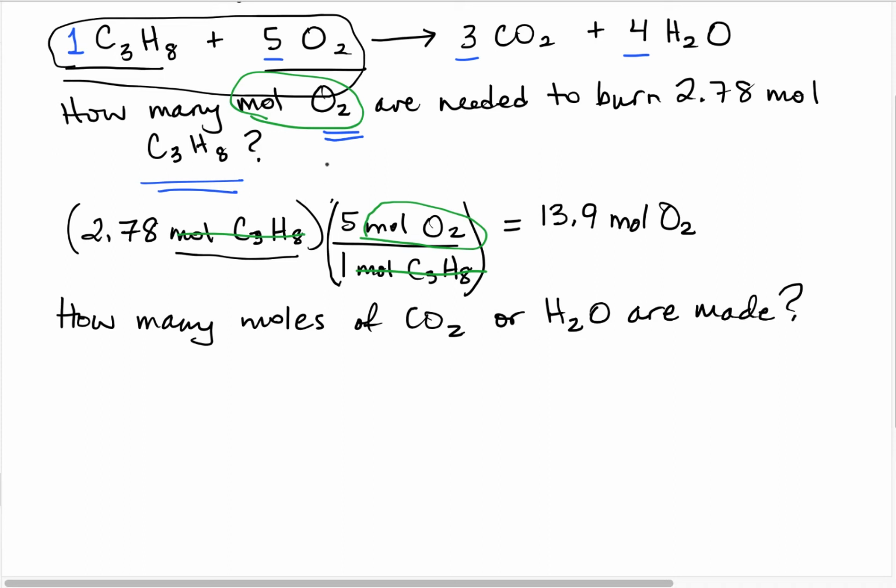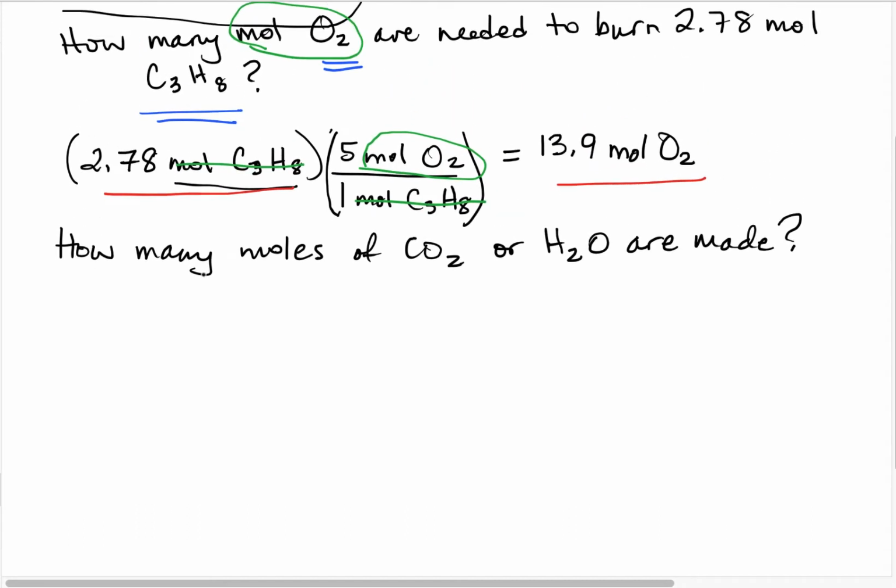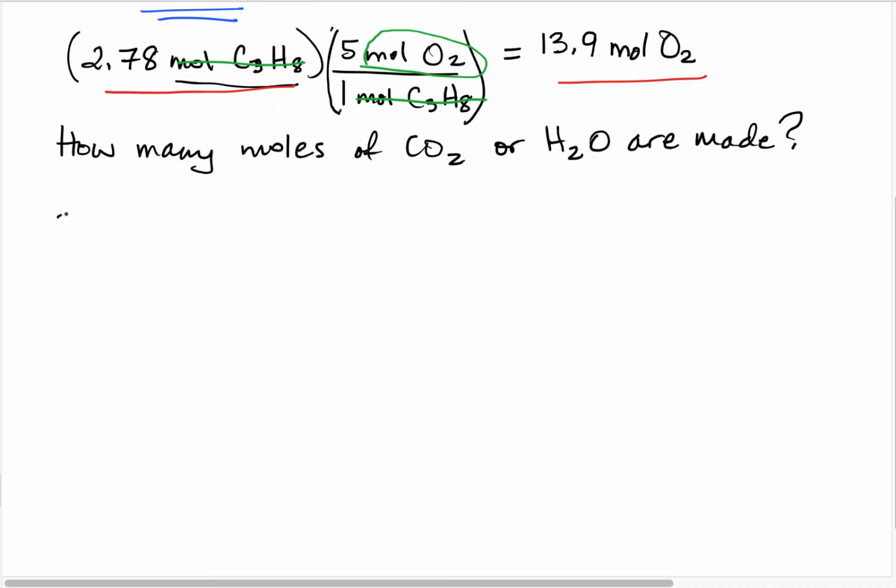When we answer this question, we can either use the C3H8 to relate to the CO2, or we can use the O2 to relate to the CO2 or the water, and we should get exactly the same answer. Let's try it out. Pause the video and try starting from 2.78 moles of C3H8 and also from 13.9 moles of O2 and calculate the moles of CO2 and see what happens.